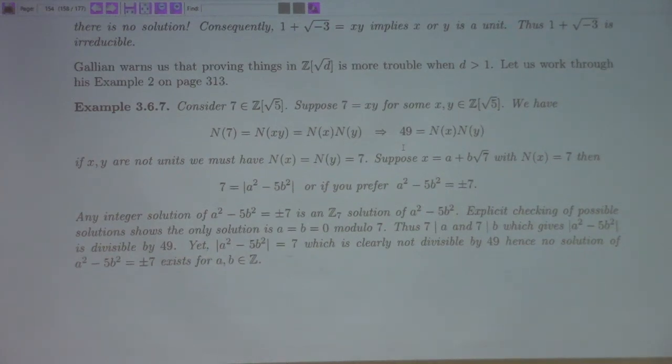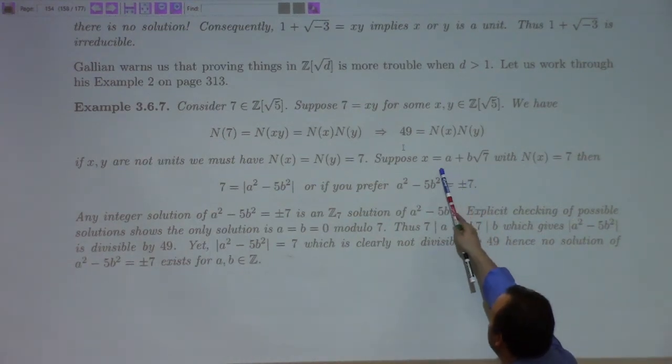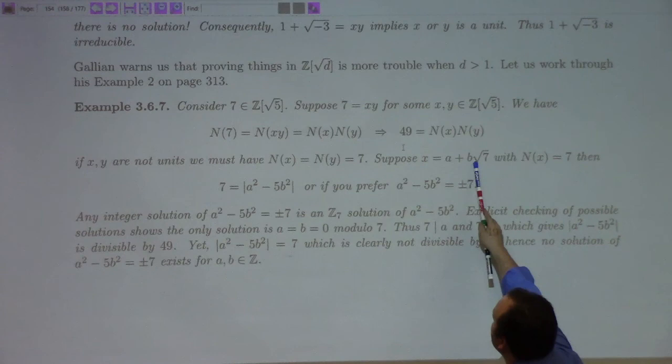Well, the norm of 7 is 49, right? And so how can you get 49 as a product of two numbers which are not 1? You have to have 7 and 7, right? So the question then is, can we find a plus b root 5 with norm 7?